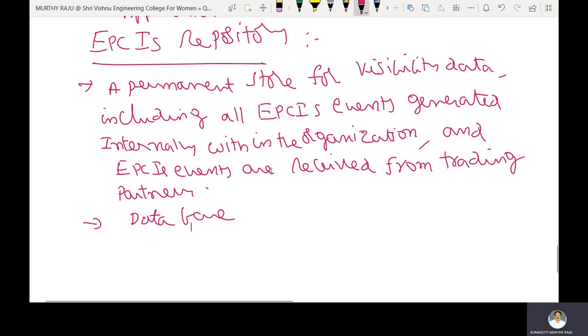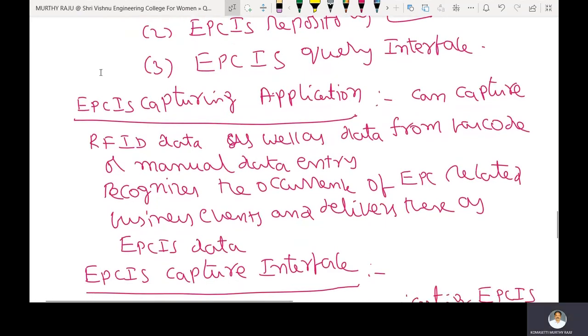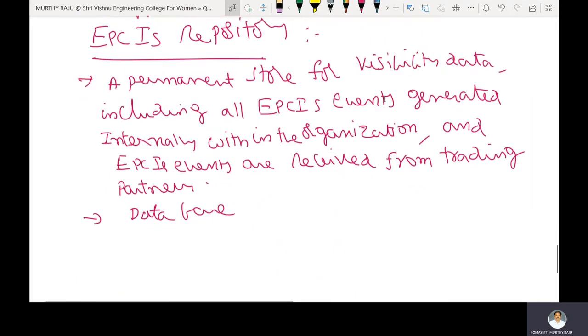This is the database. Coming to the EPCIS accessing application. Next, coming to the EPCIS query interface.